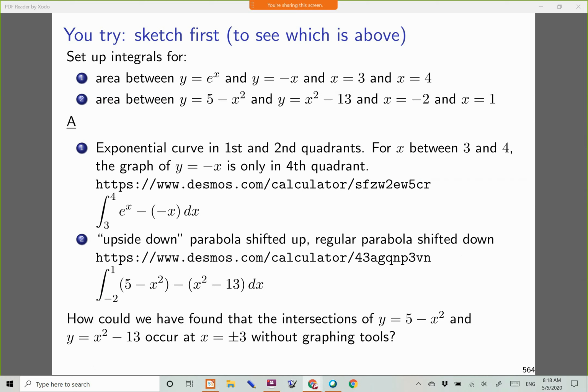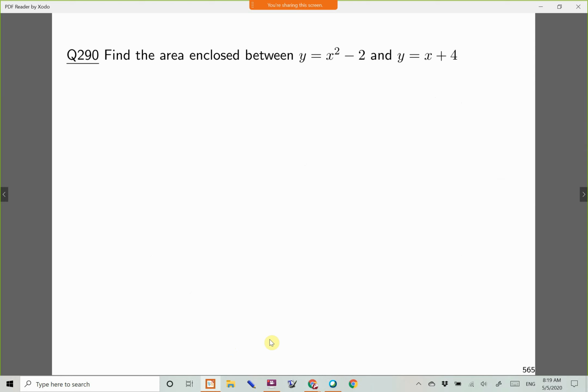It's hard to make the graph accurate enough without a tool to see this. What you'd have to do is set the y's equal. So set 5 minus x squared, which is y, equal to x squared minus 13, which was the other y. And setting those equal and solving would get you those x values. We'll see a version of that in just a moment in another question.